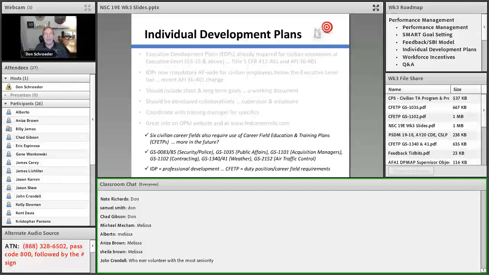Right? Again, the instructions for that one person who's an 1101, if you download that 1101 CFETP, or if you're not using it already, there'll be instructions in there. Maybe it only applies up to GS12. Once they reach GS13, it's not required, right? All depends what the instructions say in the CFETP.